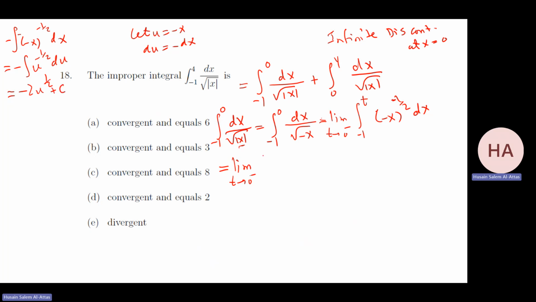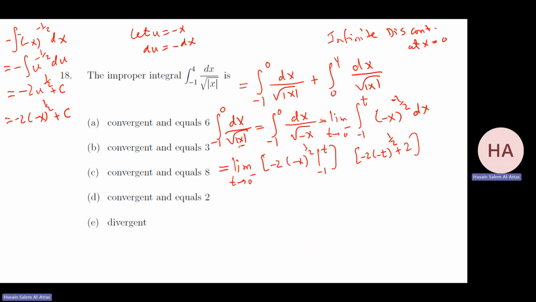So this will be minus 2 times (minus x) to the power half plus c. So it's minus 2 (minus x) to the power half from -1 to t. With the t, I have minus 2 (minus t) to the power half, minus, that will be plus 2.